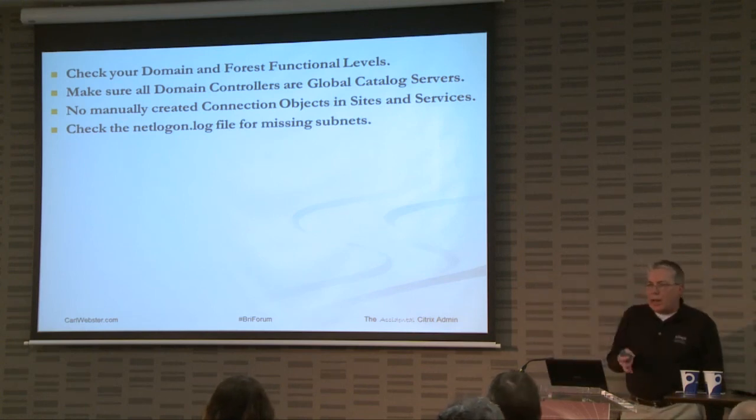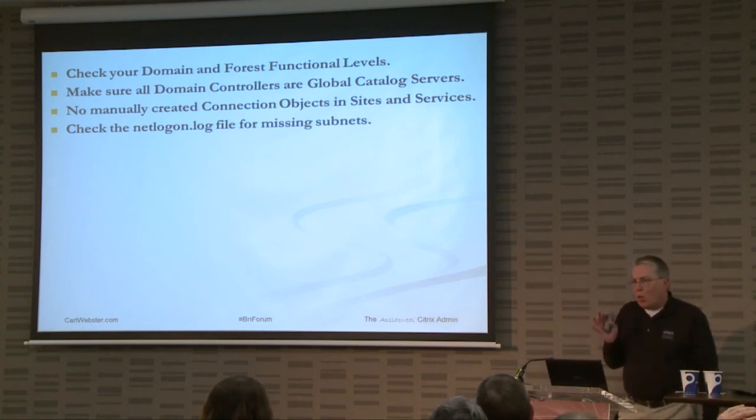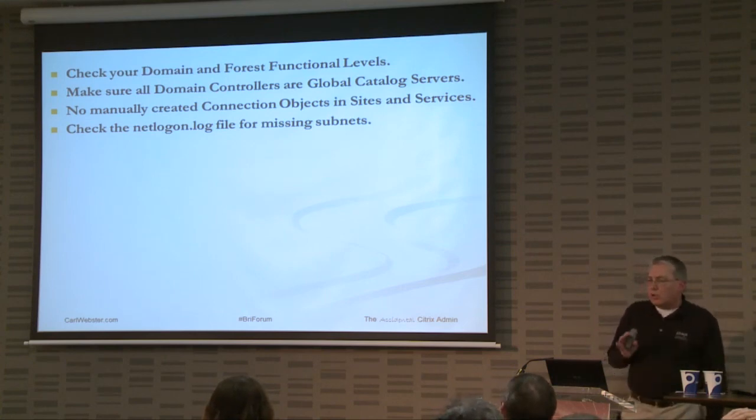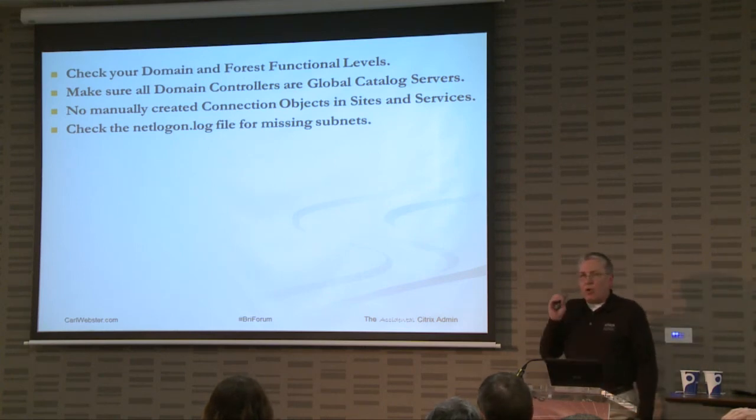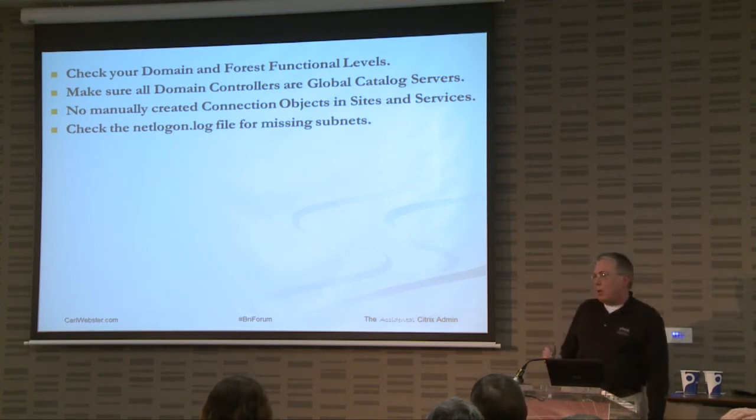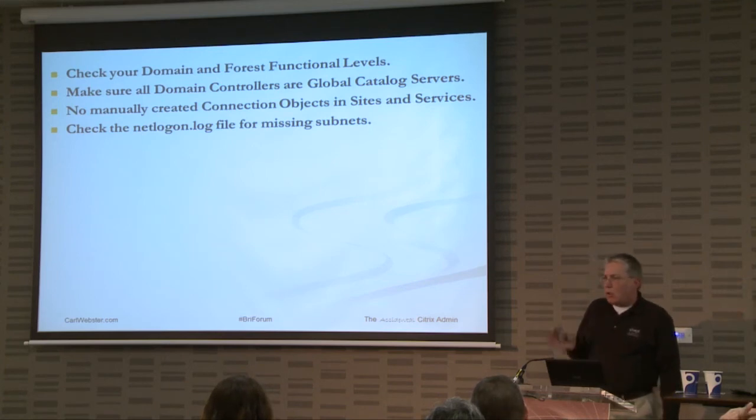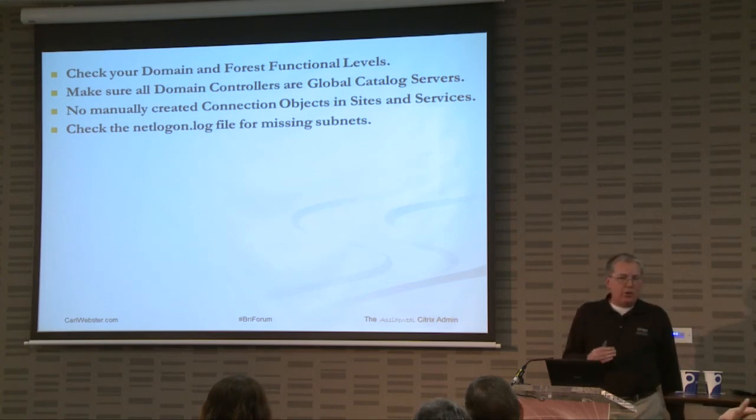And then on a regularly scheduled basis, daily or weekly, monthly, whatever, you're going to go to C:\Windows\debug\netlogon.log for every domain controller. Open that file up in Notepad or whatever editor you use, go all the way down to the bottom, and you'll see the most recent entries for that file.